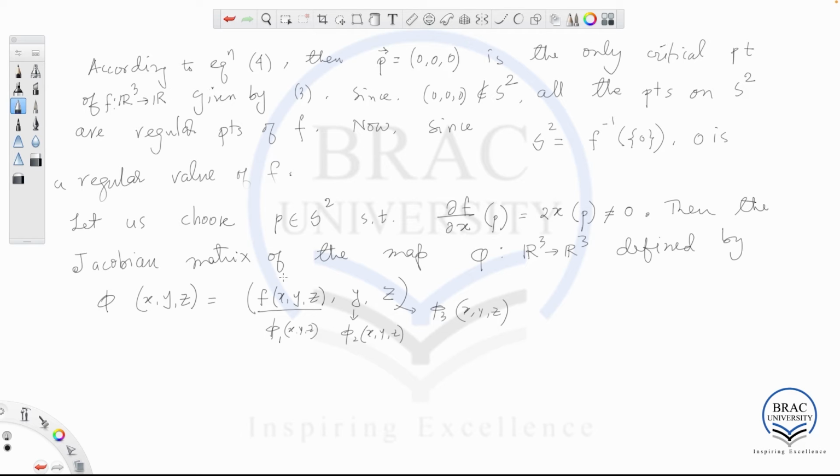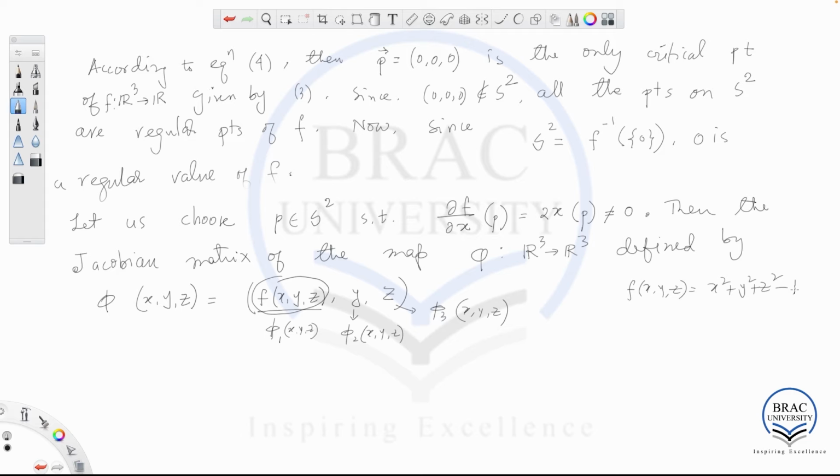Here f of x, y, z is given by equation number 3. Remember, f of x, y, z was x squared plus y squared plus z squared minus 1.